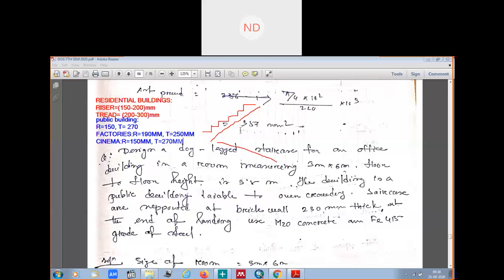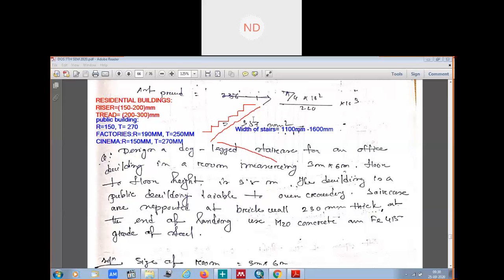If I write here the width of stair, it is generally between 1100 mm to 1600 mm.